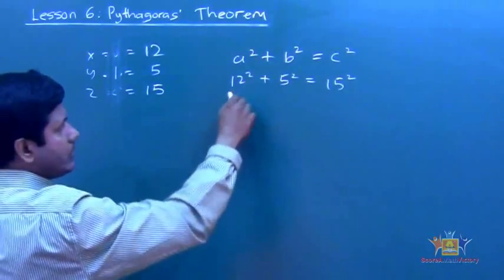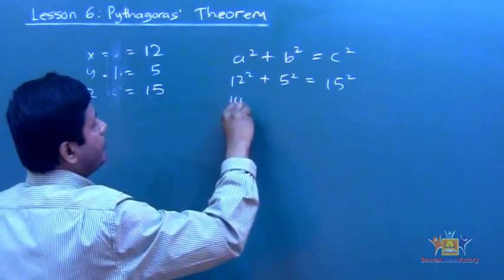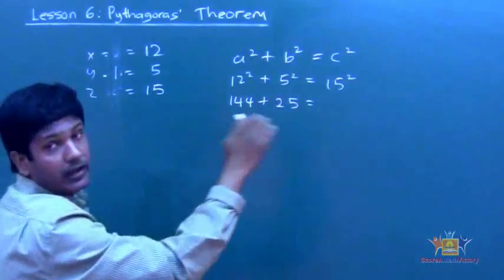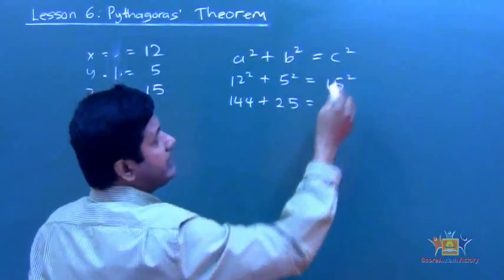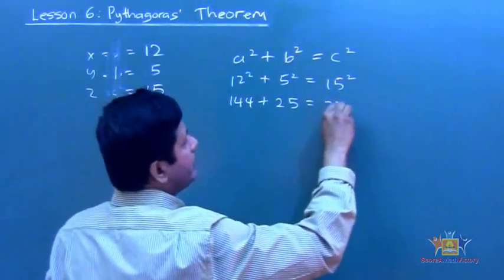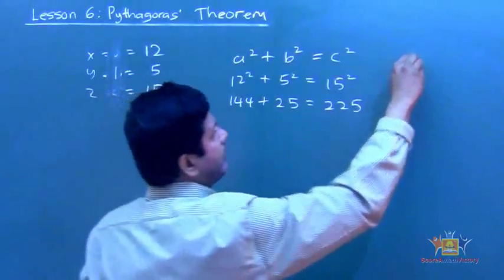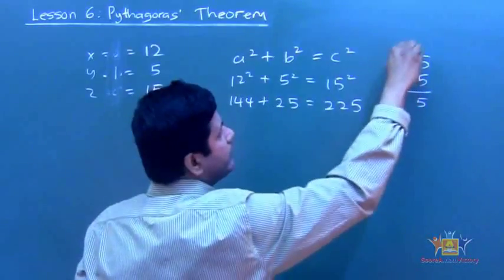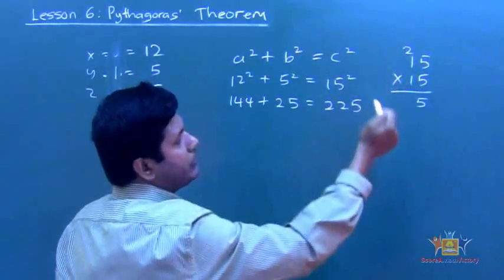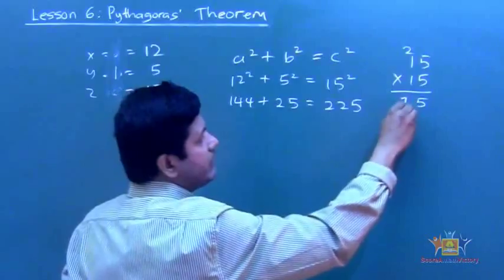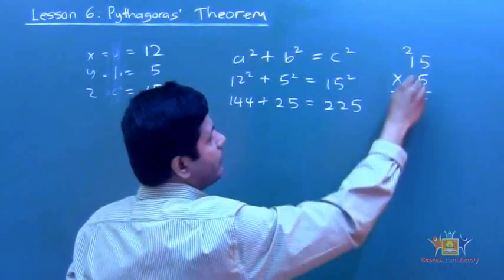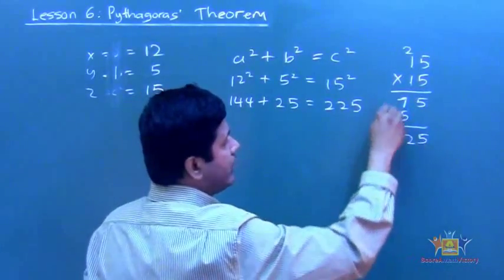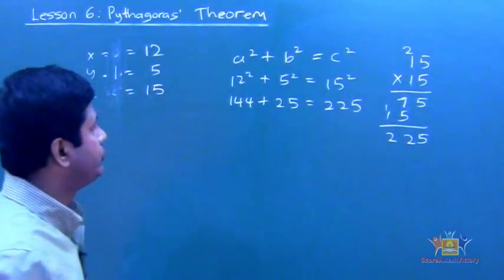Good. 12 times 12 is 144, 5 times 5 is 25. The goal is to prove that both sides come out equal. 15 times 15 is 225, or we can multiply 15 times 15 by lining them up: 5 times 5 is 25, put 5 and carry the 2, 5 times 1 is 5, plus 2 is 7, then 1 times 5 is 5 and 1 times 1 is 1, 7 plus 5 is 12, 2 carry 1, and 1 plus 1 is 2, so 225.